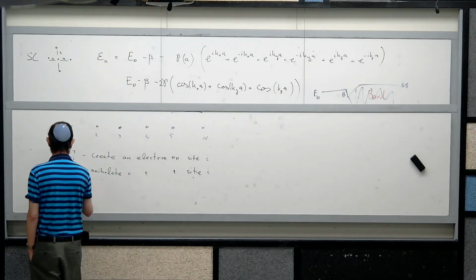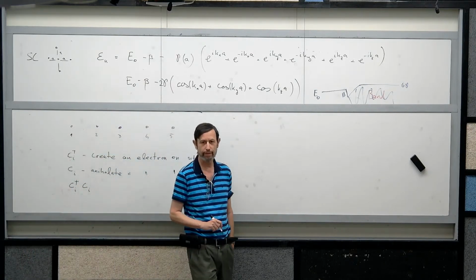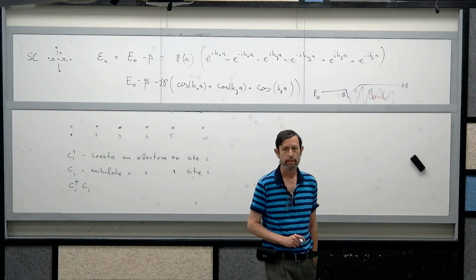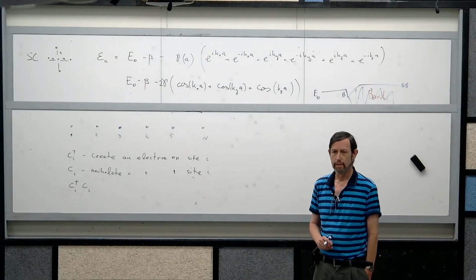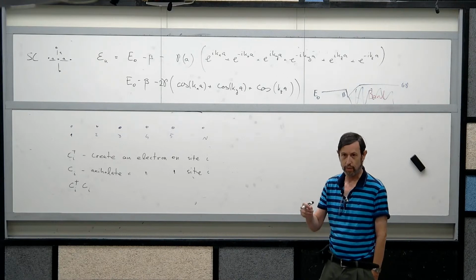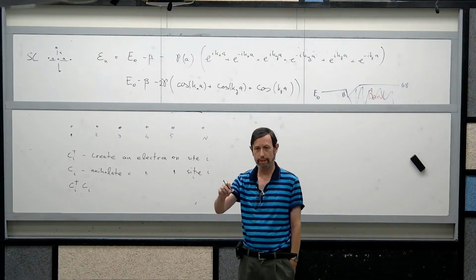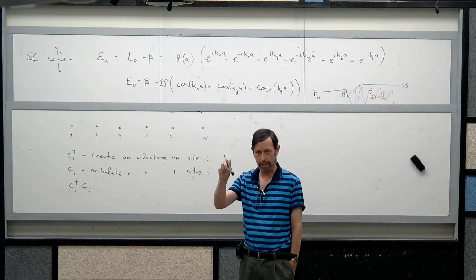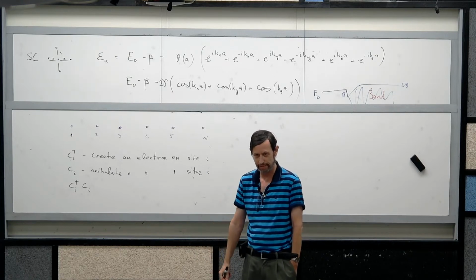From your experience in harmonic oscillator, what is this operator? Number of electrons on site I. Because if there's nothing there, you can't annihilate. If there is one there, you annihilate it and recreate it, and you counted one.